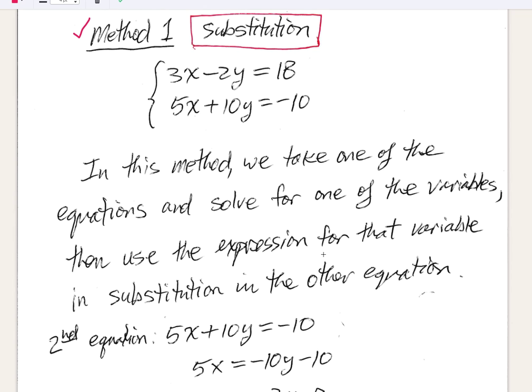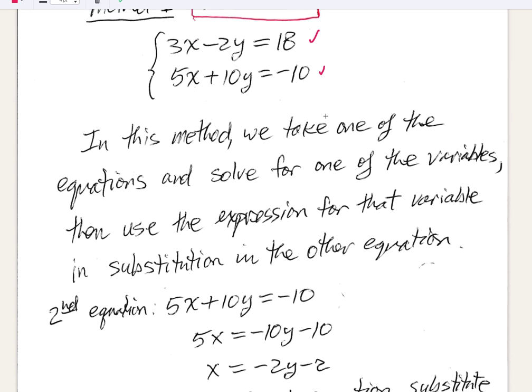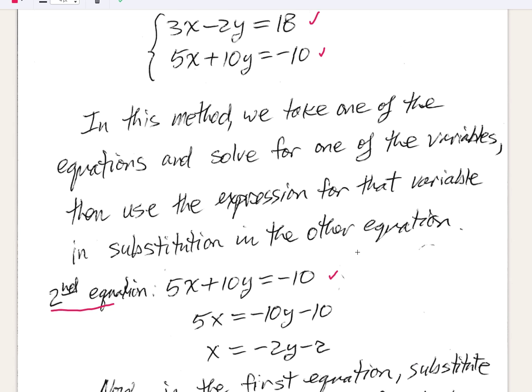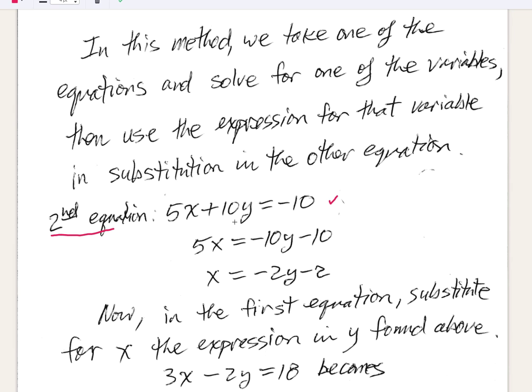Now, it doesn't matter really which equation you use here, but it looks easier to me if I take the second equation, which is 5x plus 10y equals negative 10, and it looks easy to solve for x there. So I'm going to add negative 10y on each side, isolating the 5x, and then I'll divide both sides by 5.